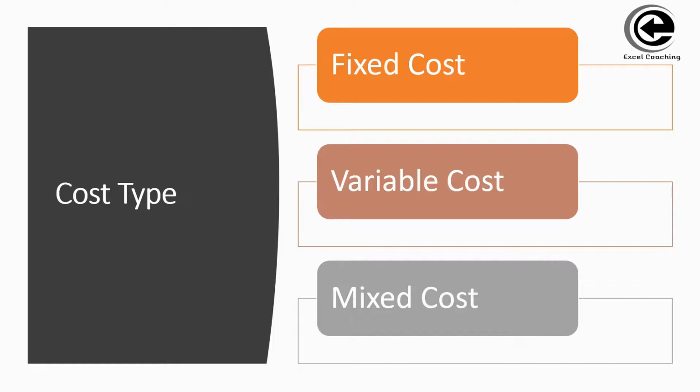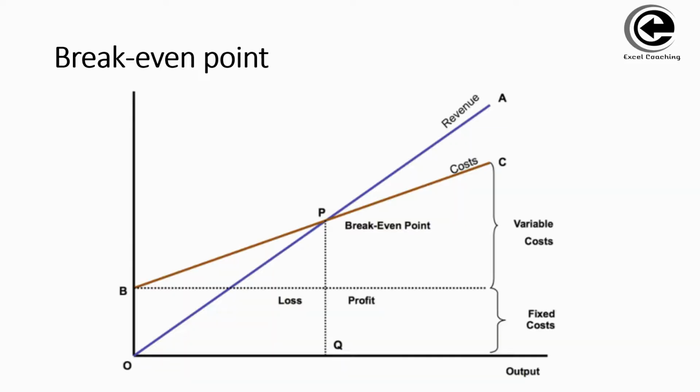Understanding your costs allows you to undertake insightful analysis, such as a break-even analysis. Break-even is an important managerial accounting concept. The break-even point is defined as the volume at which total revenues equals total costs. So you've got your total revenue line and your total cost line.